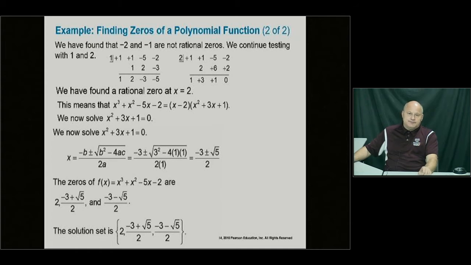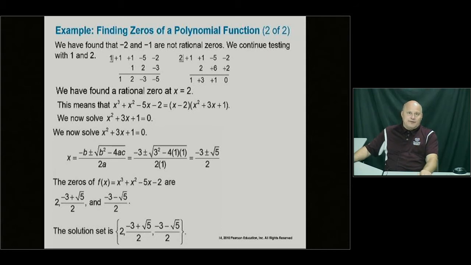It is true that there's no more rational zeros. Only x equals 2 is a rational 0. Remember, I have 3 zeros altogether. This one has 2 more, but it's a quadratic. We have another way to solve a quadratic equation, by the quadratic formula or factoring if it factors. I doubt it factors this time.